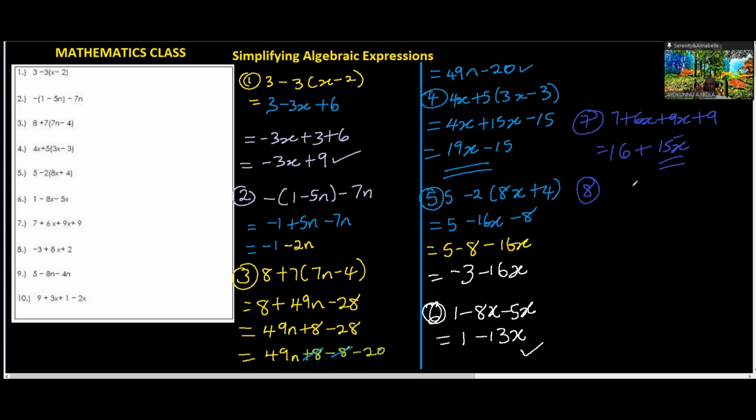I have negative 3 plus 8x, then plus 2. So we have two numbers there, negative 3 plus 2, plus 8x. So what is negative 3 plus 2?